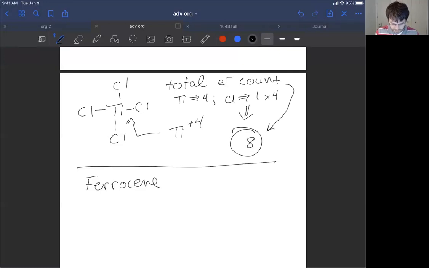Ferrocene is a metallocene, or metallo-sandwich complex, where we show the iron having lines to circles that are around the pentagons. Each of these pentagons is a cyclopentadienyl anion ligand.